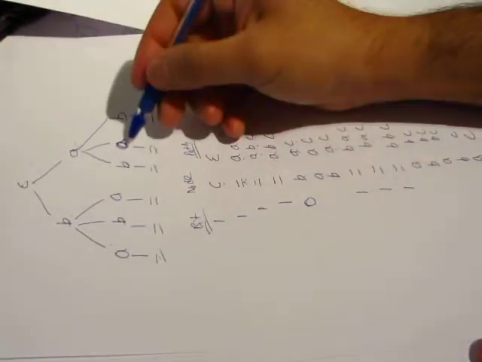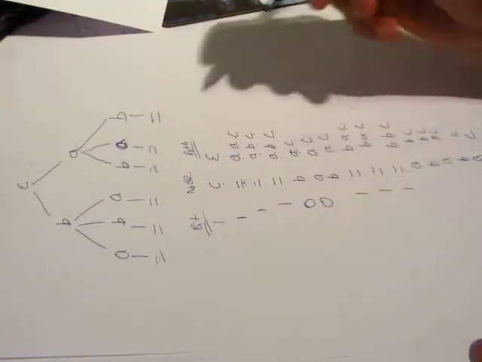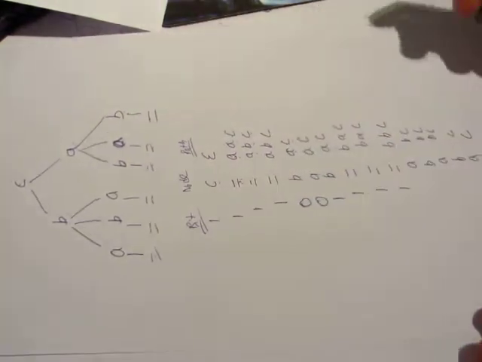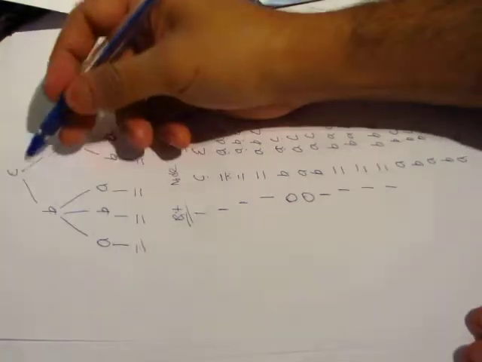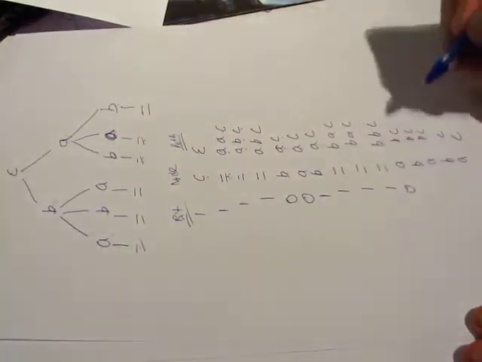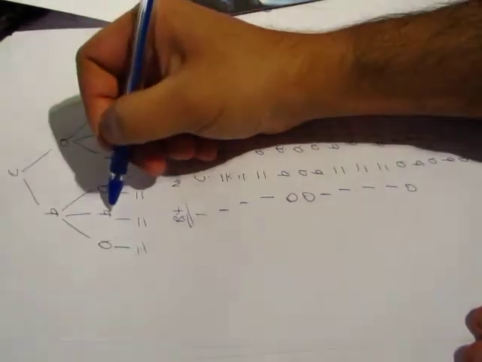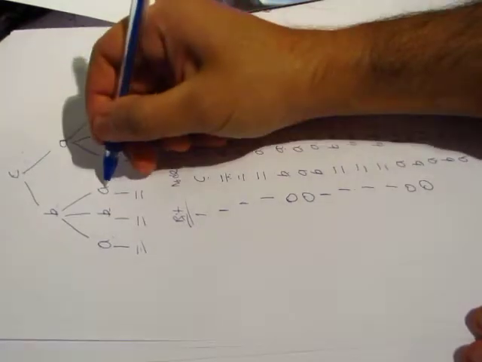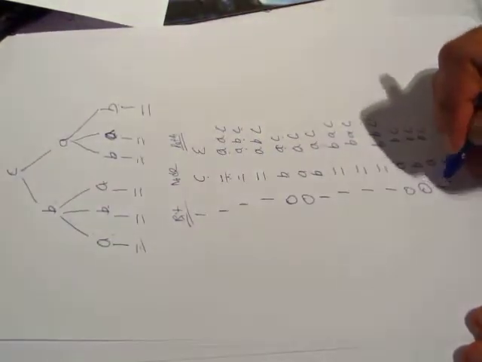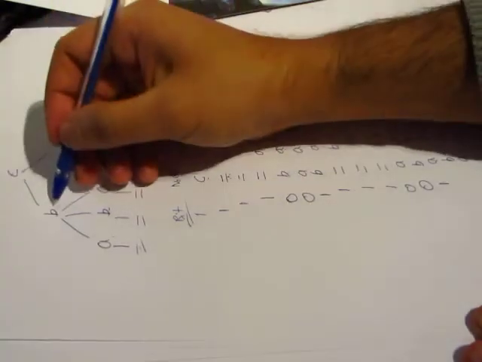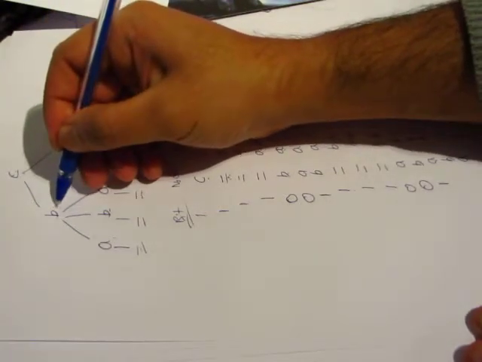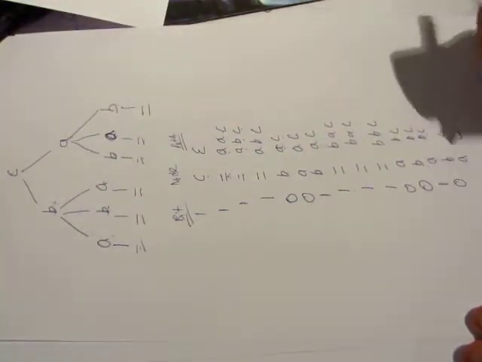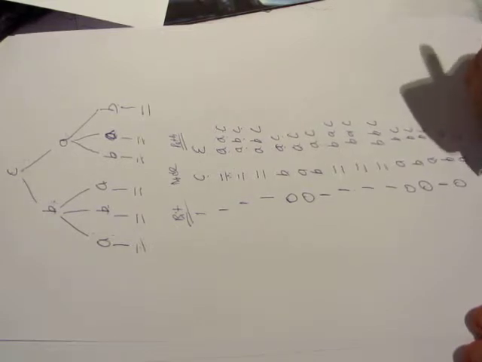So this is not the last child, so we write 0. And this B is the last child, so we write 1. Same for here, BC, this A is not the last child. This B is not the last child. And this A is the last child, so we write 1. Then we come here, this B is not the last child, so we write 0, and this A is the last child, so we write 1.